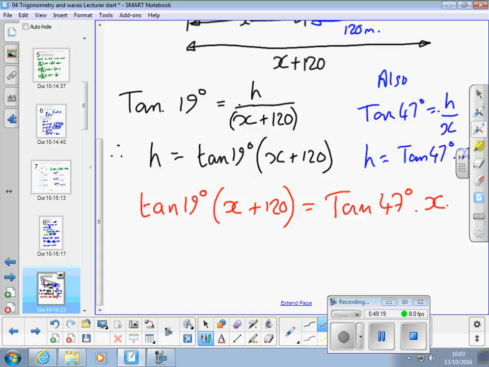First thing really would be to get both the x's in the same place, wouldn't it? Divide through by x plus 120. Divide this side through by x. What are your options? You need them both on the same side. You need to get one lot of x. How are you going to do it?